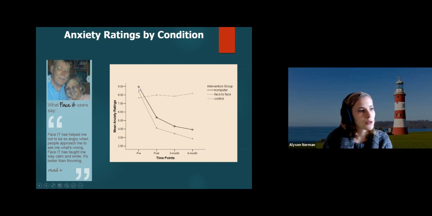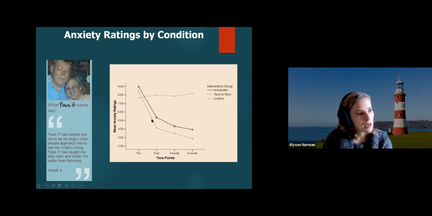This is a graph that shows the differences across the anxiety measures. We have our pre-scores here reducing really nicely in this curve down to 6 months for both the computer group, the FaceIT program group, and also for the face-to-face group. Then we have our control group, which is staying broadly similar across the different time points, as we might imagine. So this was exactly what we were hoping to see.